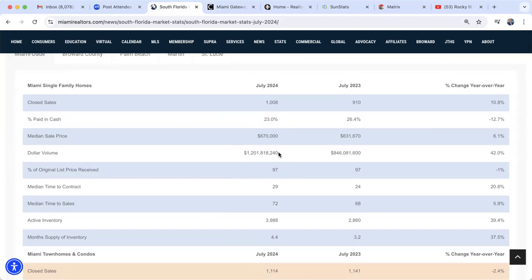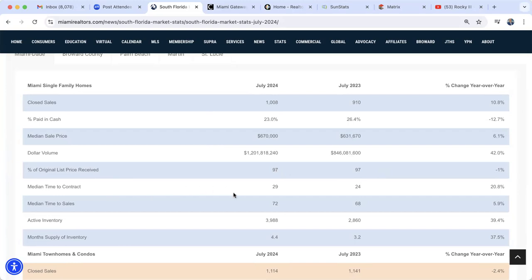All right. So this next line here, percentage of original list price received, this is the amount that was received versus the actual asking price. So right now we're at 97% of the asking price, or basically a 3% discount from the asking price. It's pretty much the same as last year. The median time to a contract.